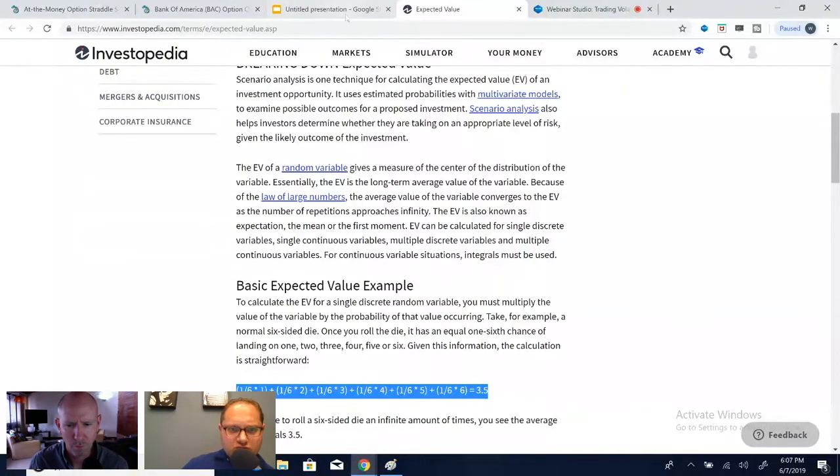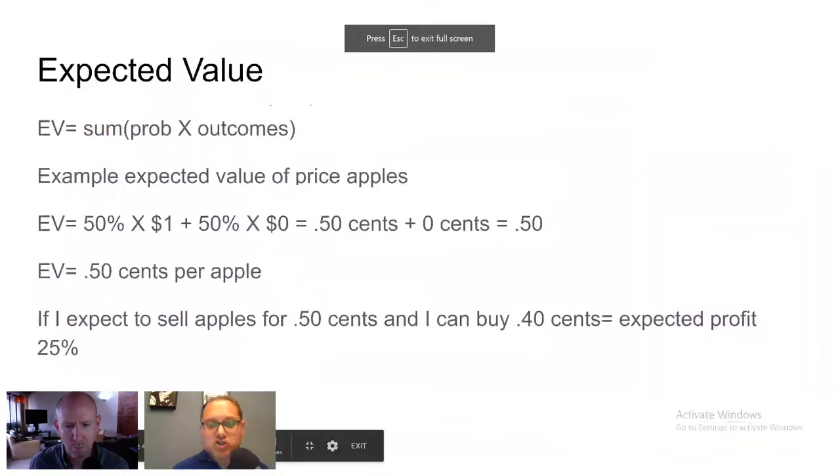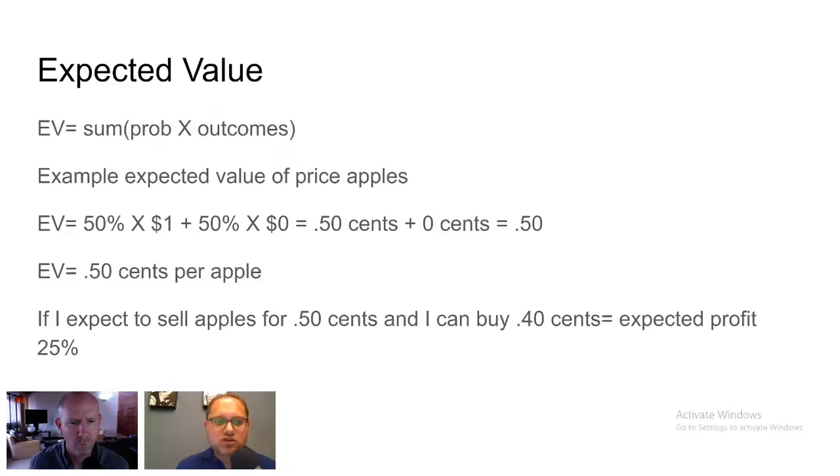For me here, I just did an easy example, and I'm going to show it to you on an actual option straddle. But before we do that, let's just say you have apples, and you're buying and selling apples. That's your business. Historically, let's say the expected value is that 50% of the time you're going to sell the apples for $1.